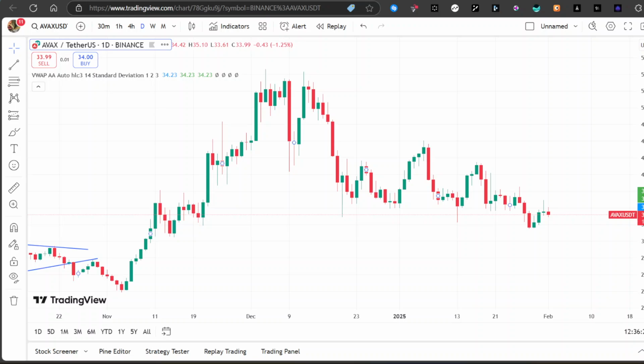Now, let's just quickly break down how to set an effective anchor point, okay? The choice of anchor is critical, so look for events that fundamentally change market sentiment, right? Now, this could be major news announcements, okay?